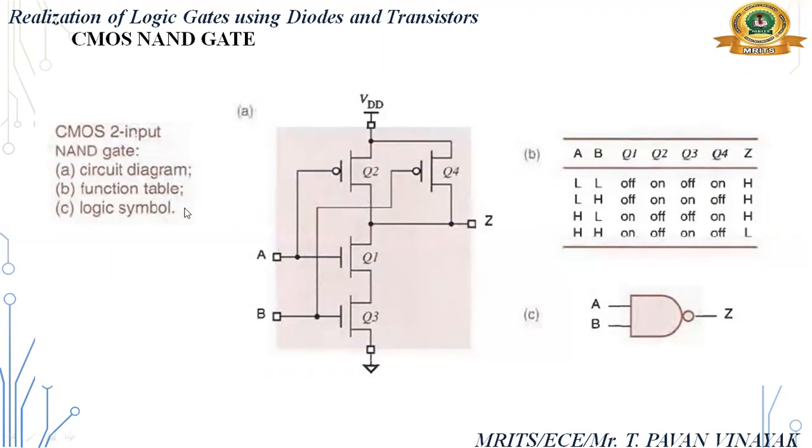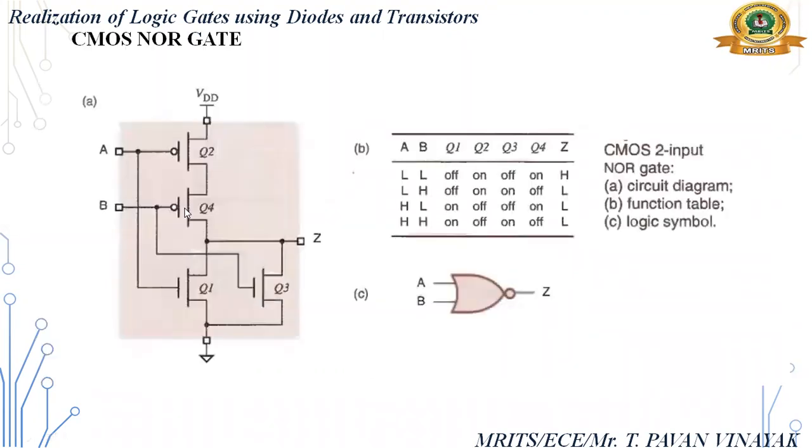Next, CMOS NOR. In CMOS NOR, P are in series, N are in parallel.